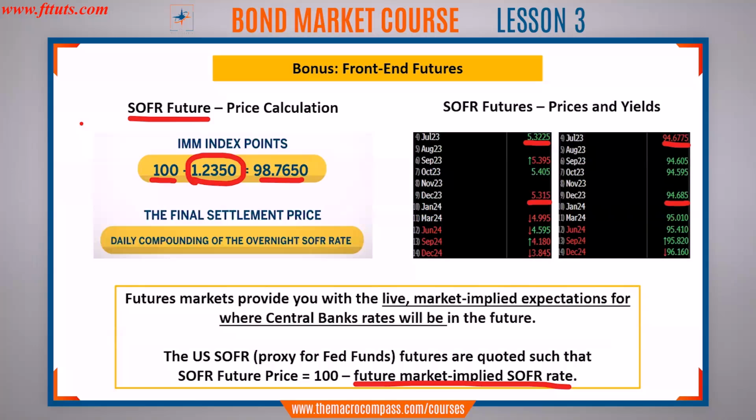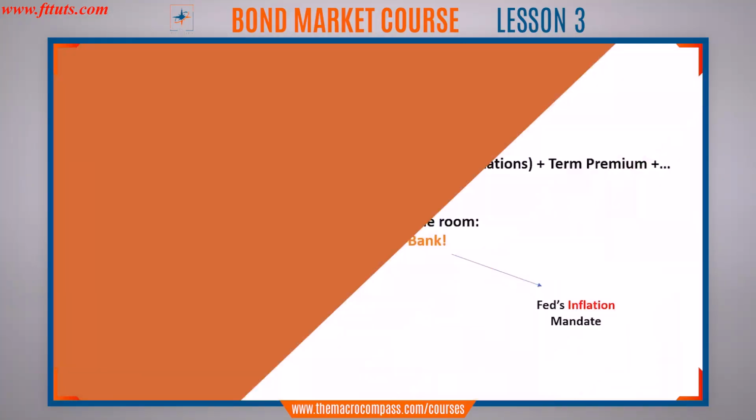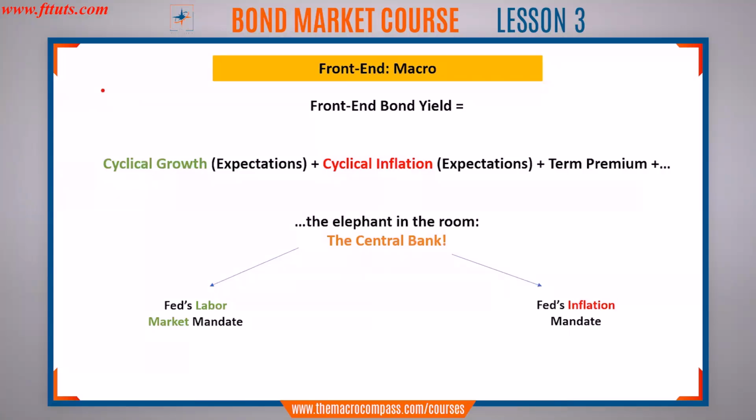Another layer to add to your arsenal is front-end futures, in particular SOFR, which is very important in the US. Always remember to track the differences between these indicators as well to get an idea of whether the monetary plumbing is working or not. Now that we have covered the more technical aspects of all the different instruments that we have at the front end, it's time to discuss the macro implications of looking at the front end and front-end bond yields.